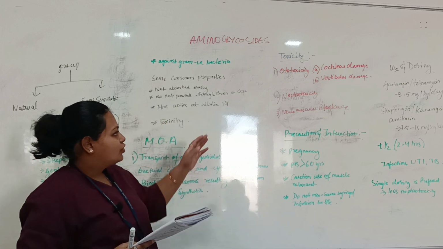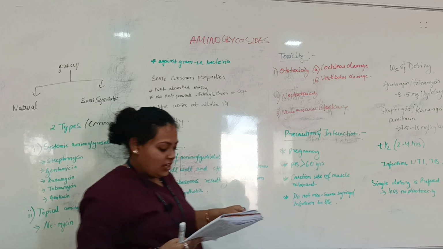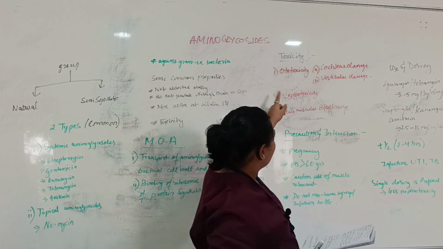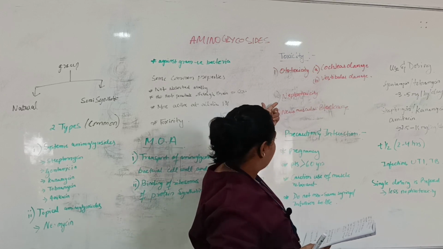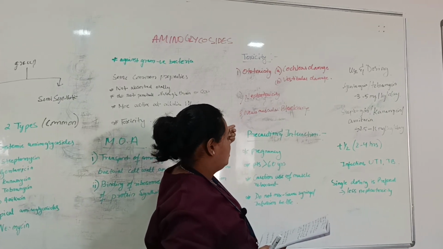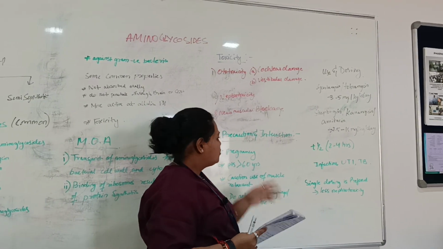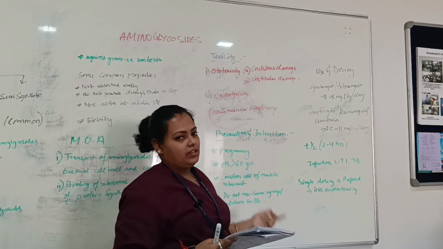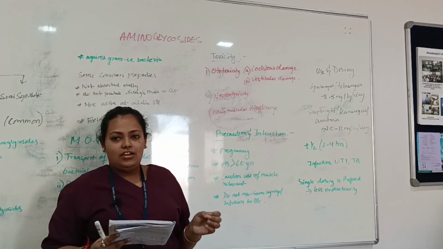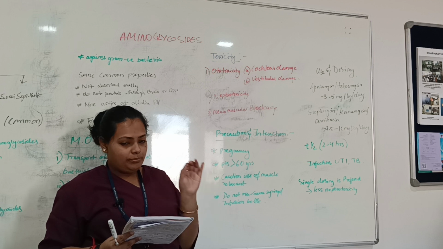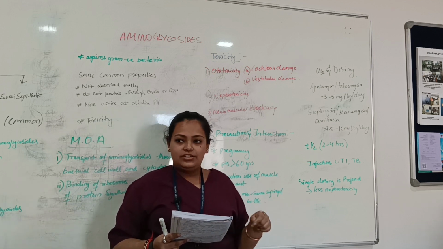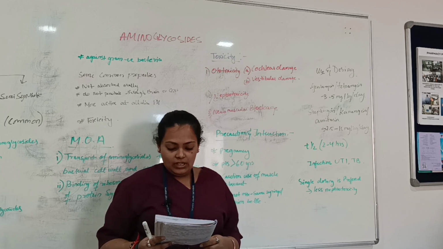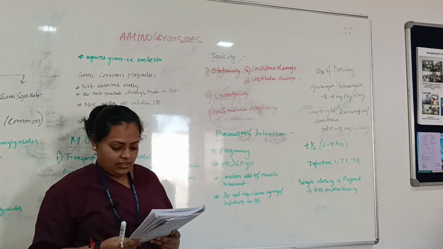Now we come to toxicity, which is very important. In toxicity, there is ototoxicity, which can also be categorized, then nephrotoxicity and neuromuscular blockage. Ototoxicity is related to the drug and the duration of treatment.